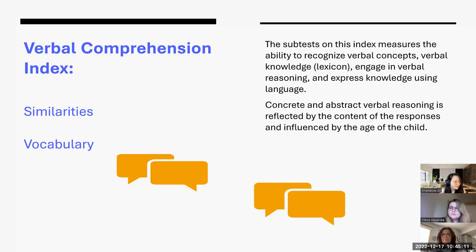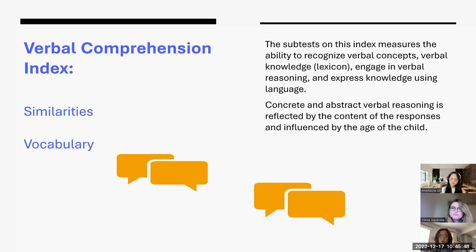Okay. Under the verbal comprehension reasoning index, there are two subtests that are used to measure verbal reasoning. I just want to point out that all three reasoning indices are measured using two subtests. Each one has two different subtests that look at reasoning from different perspectives. The subtests on this index measure the ability to recognize verbal concepts.